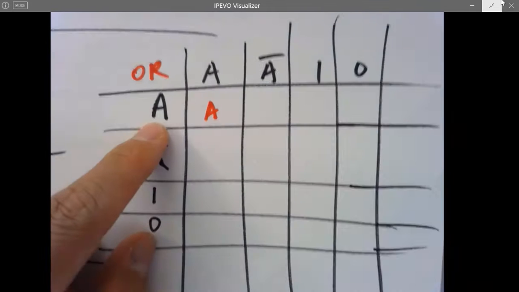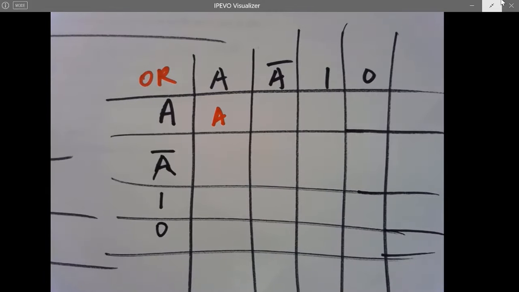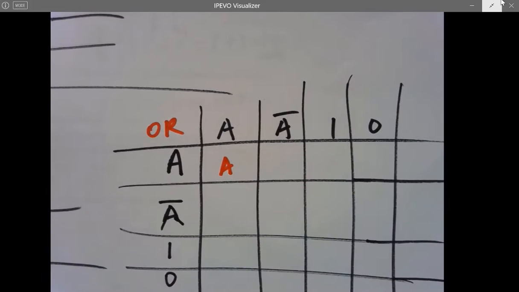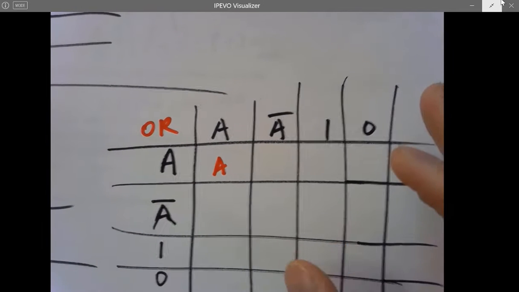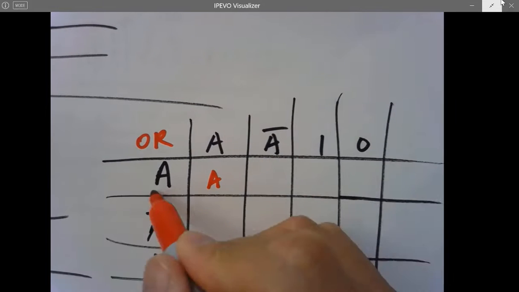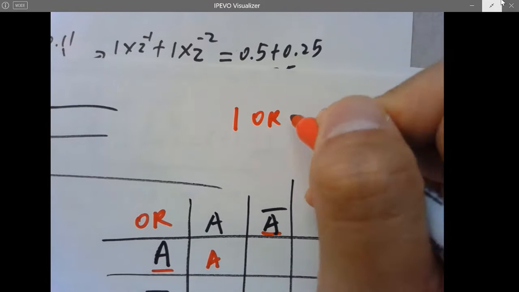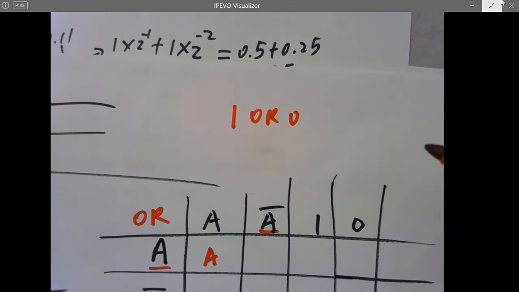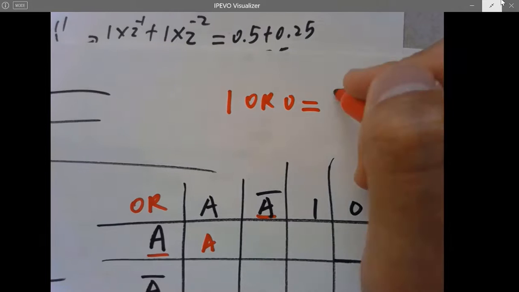A or A bar, A or A not. A or A not. Think about it. So if you don't know the answer immediately, I will suggest you just give some examples. If A is 1, so 1 or 1 not, which is 0, is 1. You have a good choice.